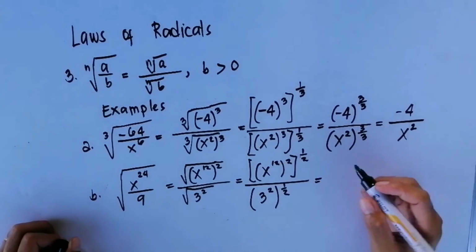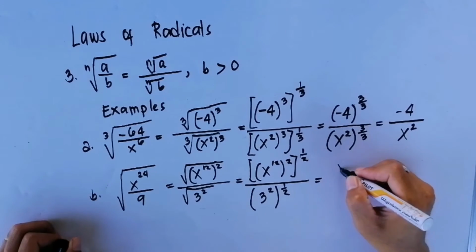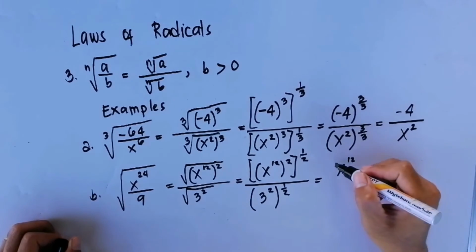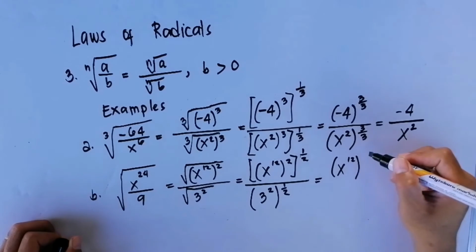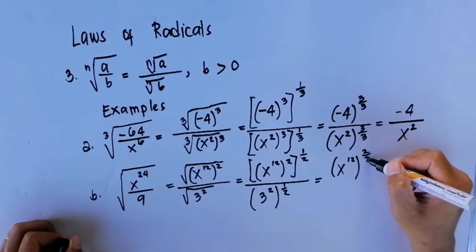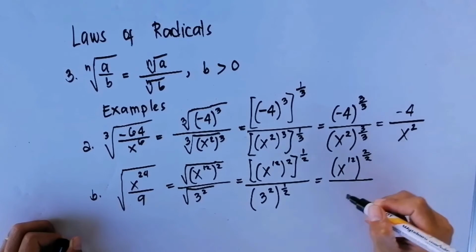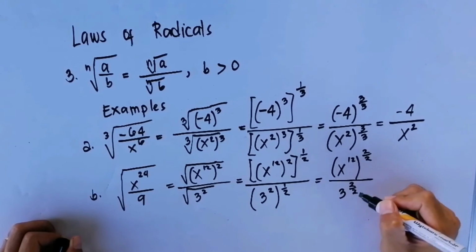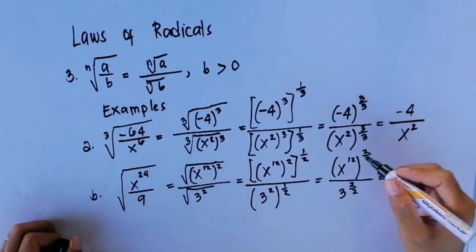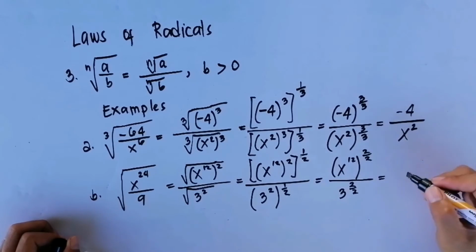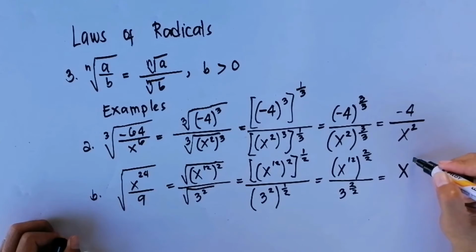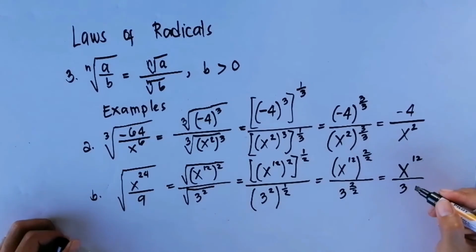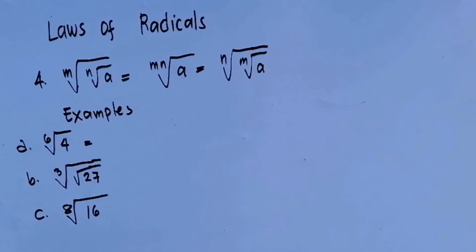Okay, multiply, that is x raised to 12 over 2, then 3 raised to 2 over 2. Okay, divide, so that is x raised to 6 over 3.